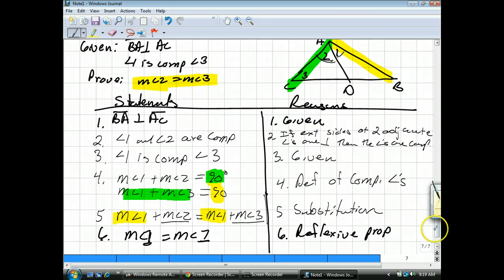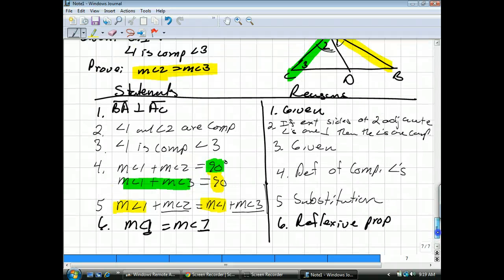And now I can take that and subtract this from this side and this from this side. And that leaves me measure of angle 2 equals measure of angle 3 by the subtraction property. Okay, and we're done.